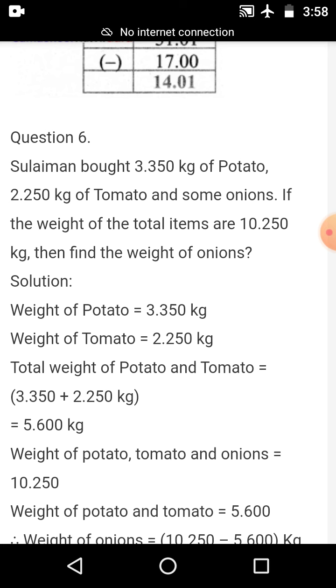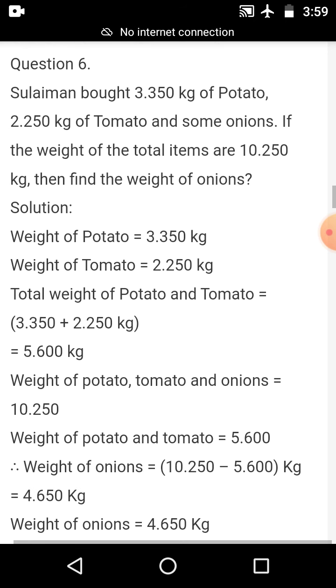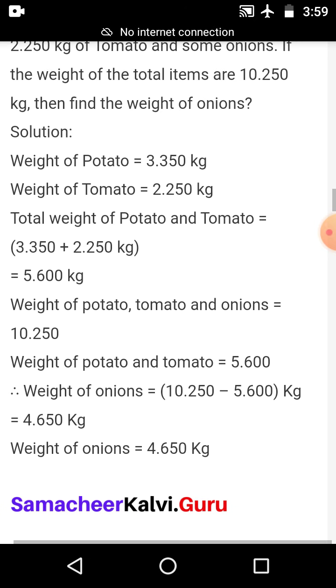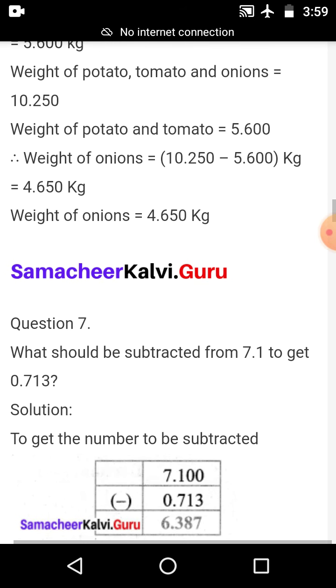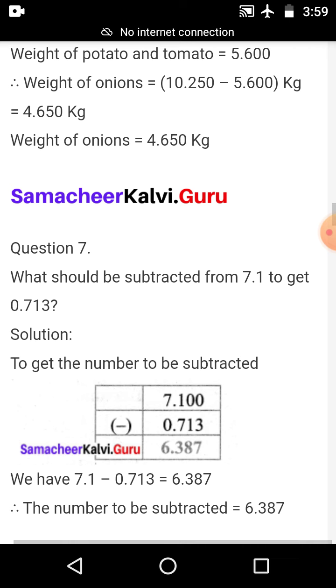You have to add the tomato and potato weight, then subtract it from the total weight. Okay, you can get the final answer. Weight of onion is 4.650 kg. Okay, ma. See the answer and write down in your classwork note.